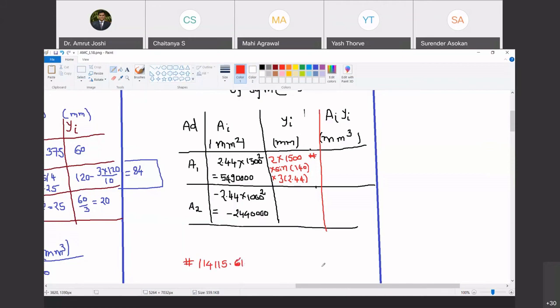Do you agree with me? Yes, sir. And now what is this value? It will be 2 into 1000. Everything else will remain same. Into sine of 140 into 3 into 2.44. Are you with me? Yes, sir.